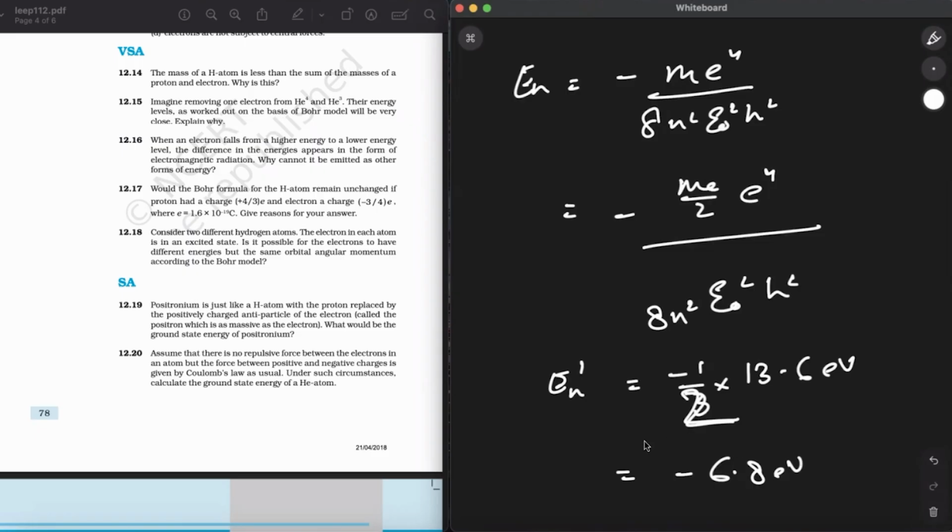The ground state energy of positronium will be minus 6.8 electron volts.